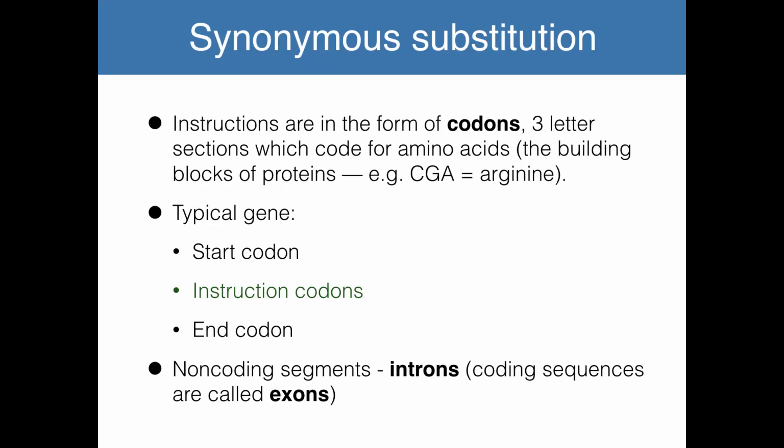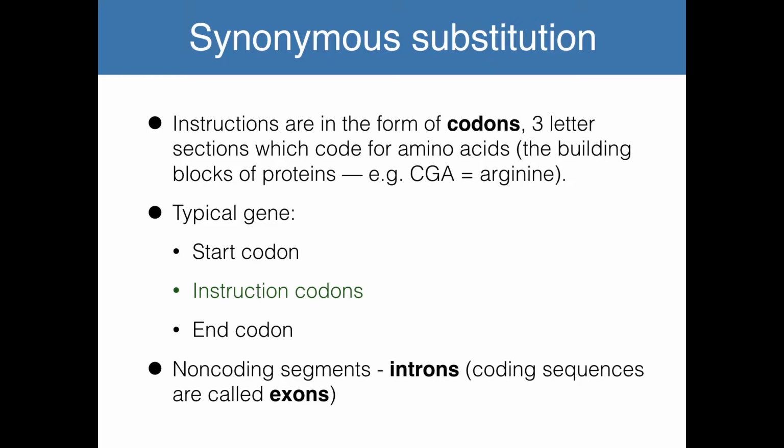So synonymous substitution. Your genetic instructions in your DNA take the form of codons, which are 3-letter sections of code that each encode an amino acid. So this is the instructions for the building blocks of proteins. The amino acids make the proteins for your enzymes and so on. And these codons are the instructions.